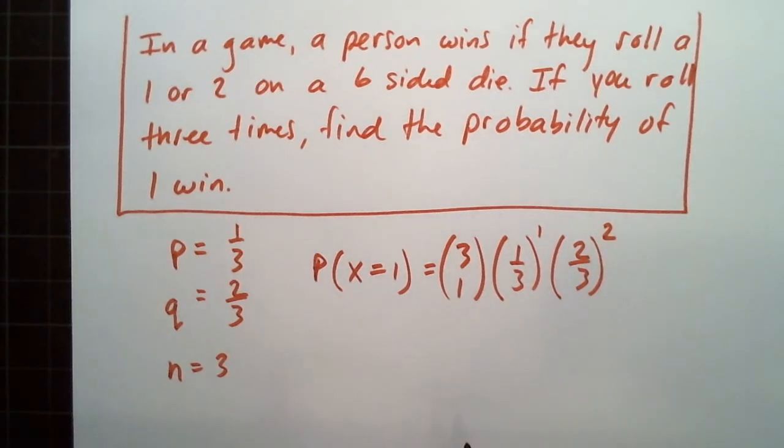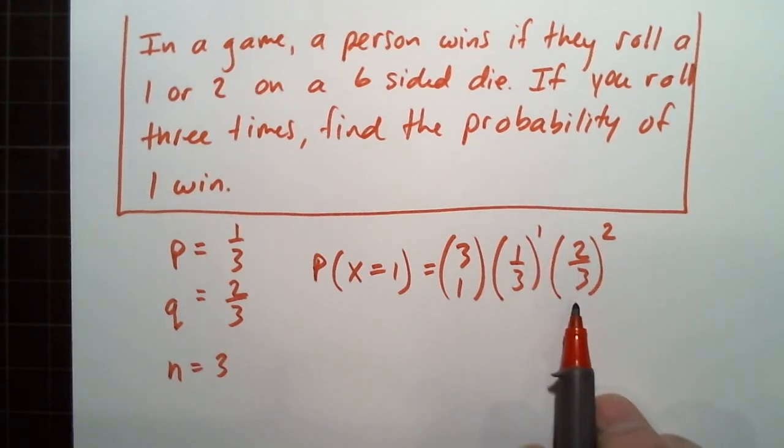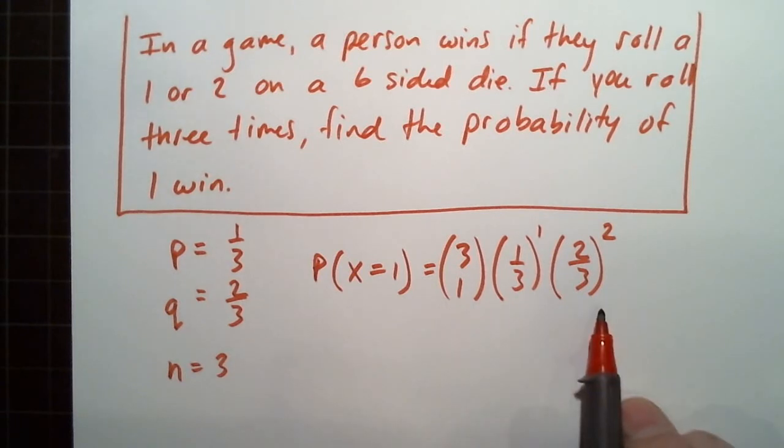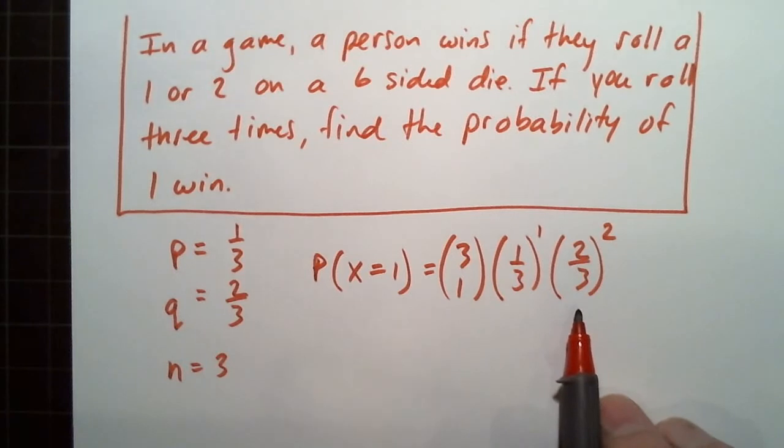If we're going to roll the die 3 times with 1 win, that means we have 2 losses and 1 win. So here's how we can set it up and do it by hand, and then we can also look at the calculator notation.